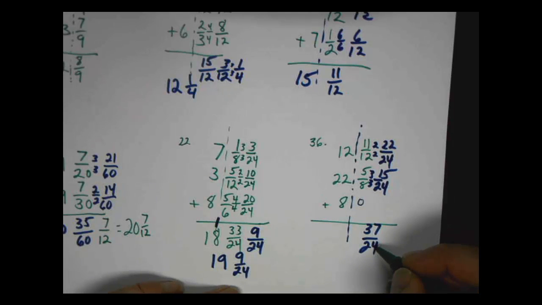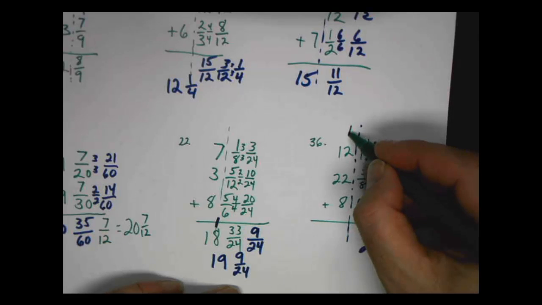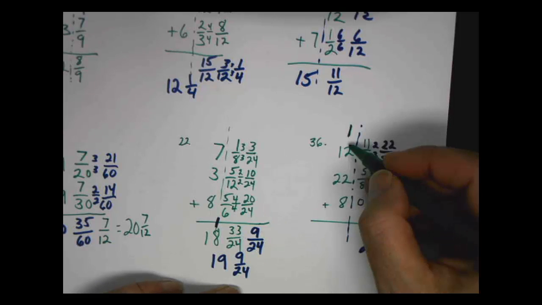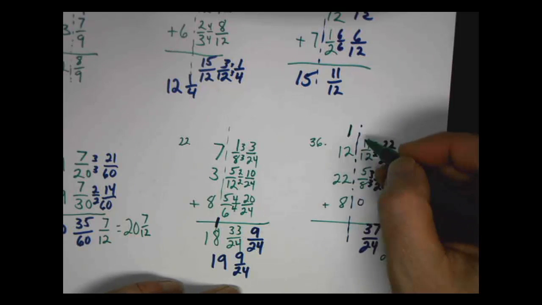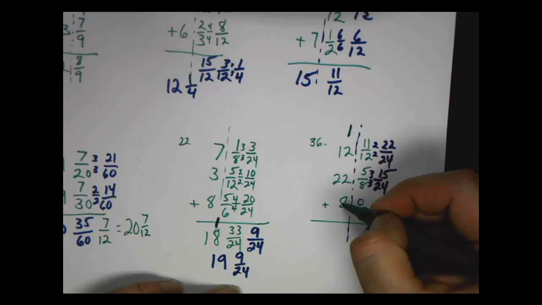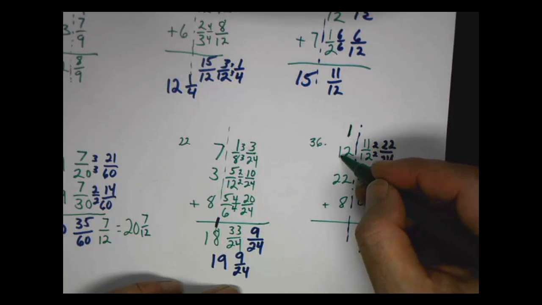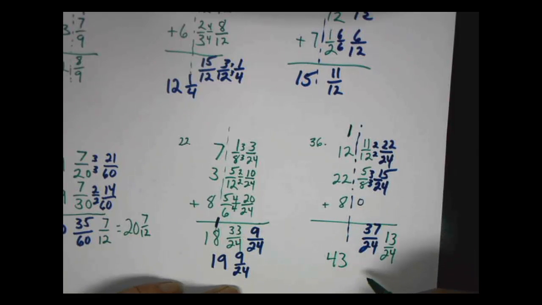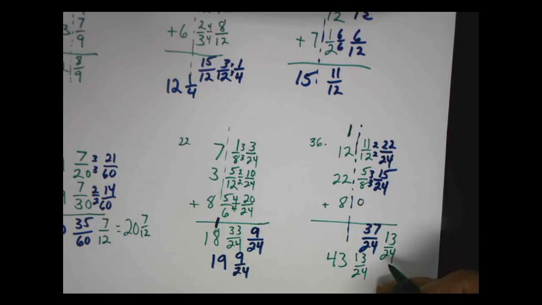So if I take away how many groups of 24 in 37, 1, that's going to carry over here, and I'm going to have what left over? 13 24ths, correct? I subtract, and then I carried over this already, so my 1 went over here. So we have 8 and 22 is 30, 42, 43. So I have 43, and of course, 13 24ths.